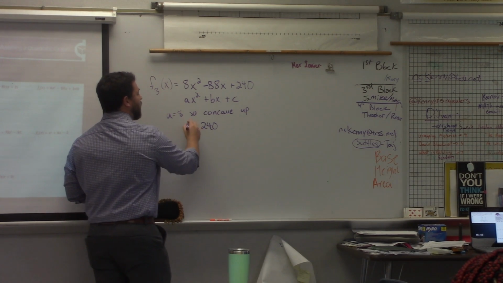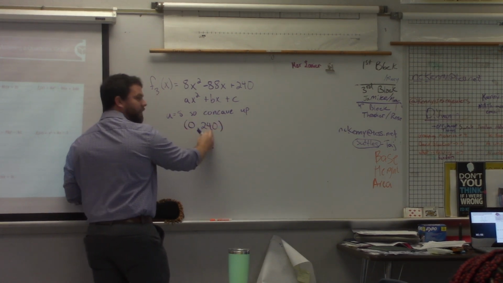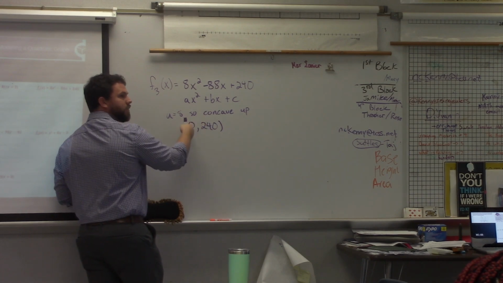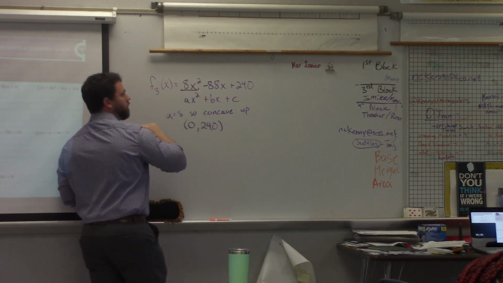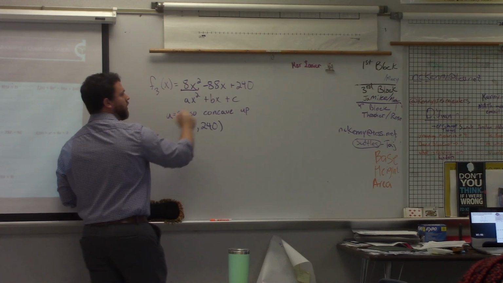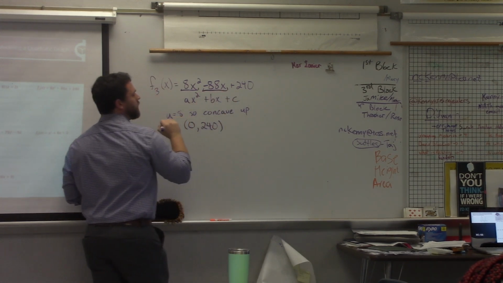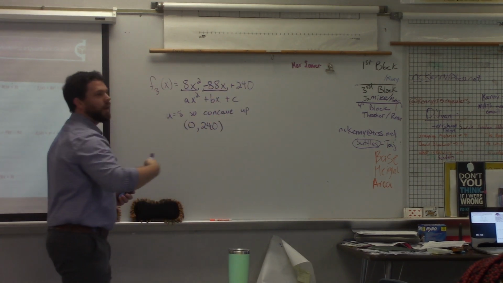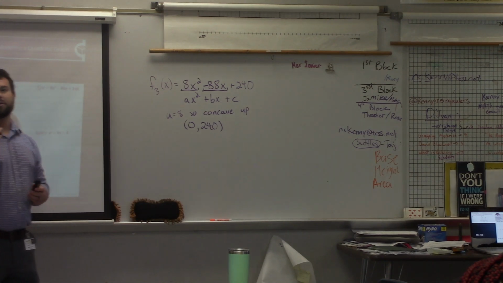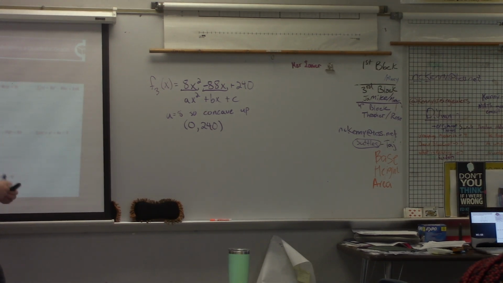So remember, it's a y-intercept, so the y value is 240, the x is 0. Remember, we saw that clearly because if I substitute 0 in, what does this become? 0. If I substitute 0 in, what does this become? 0. So I'm left with 0 minus 0 plus 240. The whole idea of a y-intercept is that the x is equal to 0. So keep that detail in mind.